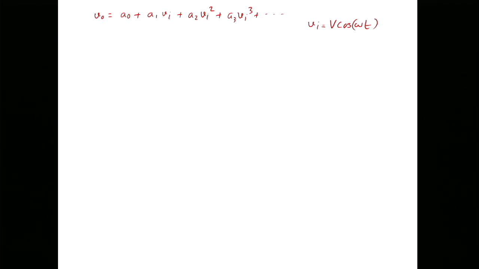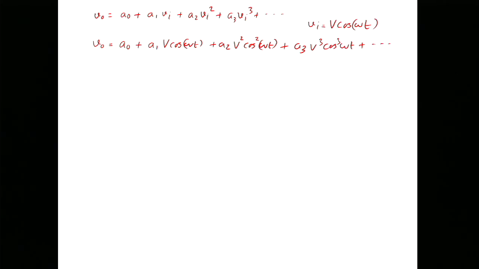Right? So how do you write V out? V out is equal to A0 plus A1 V cos omega t plus A2 V square cos square omega t plus A3 V cube cos cube omega t plus so on.